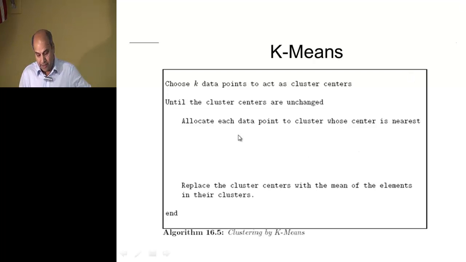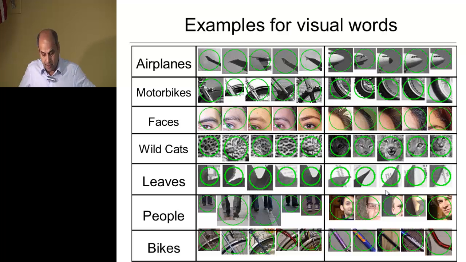Allocate each data point to the cluster center that it is nearest to. Replace the cluster center with the mean of the elements in its cluster, because now we have assigned these. Keep repeating, keep repeating. That's it. Two lines of code, you're done. Okay? That's your K-means.